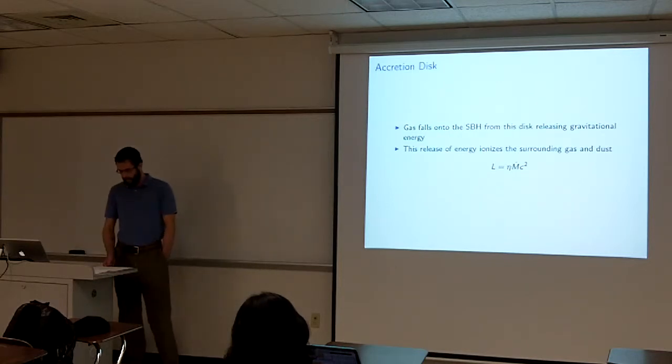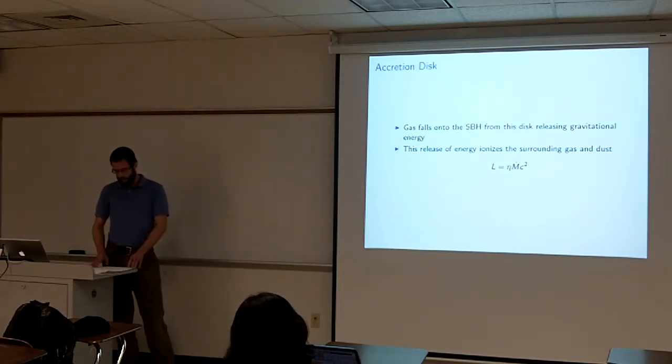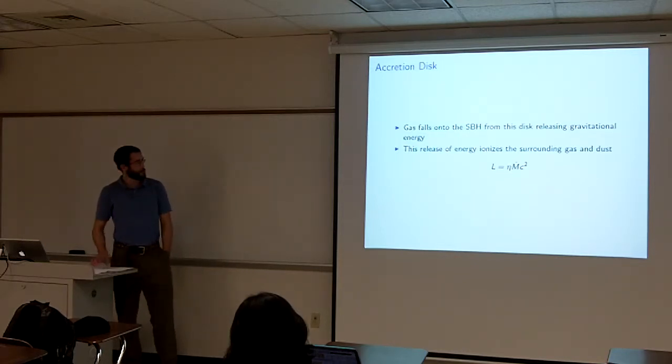In their text, Astrophysics of Gaseous Nebulae and Active Galactic Nuclei, Osterbrock and Ferland have demonstrated that if you assume a 10% accretion efficiency and a bolometric luminosity of 10 to the 12 solar luminosities, you can have 0.7 solar masses being accreted per year.